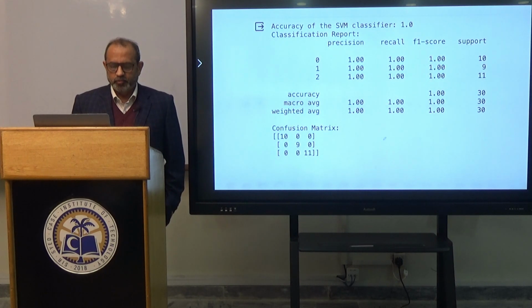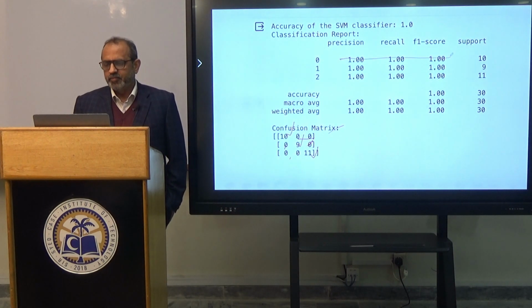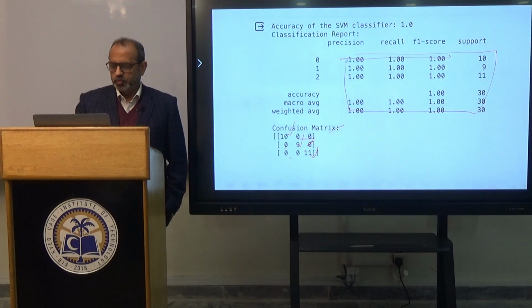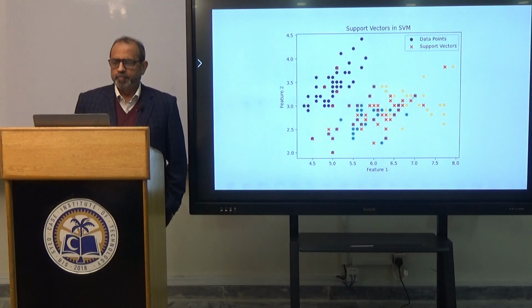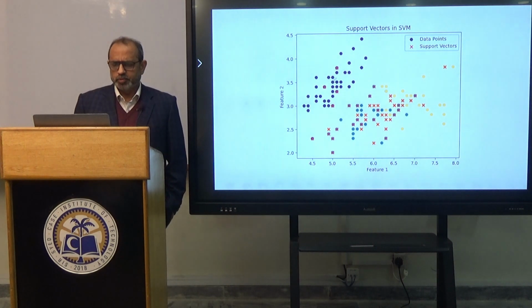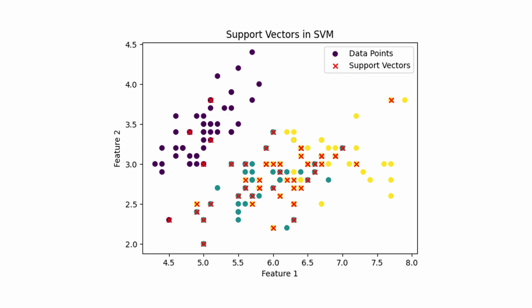As you can see, the confusion matrix, all zeros, zeros, zeros, zeros. So all 10s are rightly classified, 9 and 11. So perfect classification. Everything is perfectly done through a support vector machine with a kernel. So this also shows the support vectors, because nonlinear is just showing you all the points which are part of the support vectors, the boundaries.